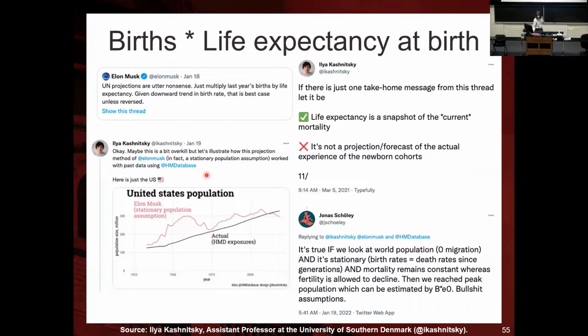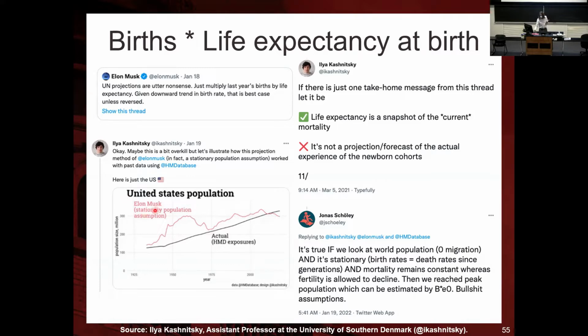In this example, in this graph, he has the case of the US. The point here is that if you just take the overall number of births and multiply by the life expectancy at birth, you are assuming a stationary population, right?